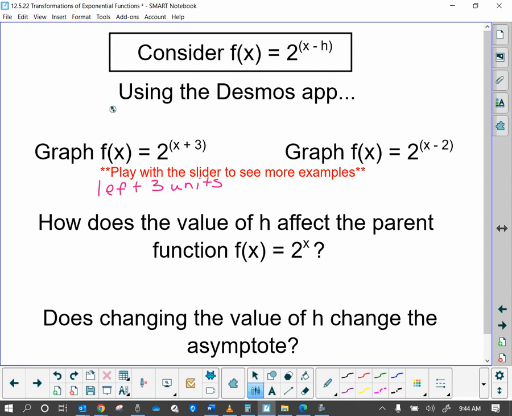And then minus 2 was right 2 units. So how does the value of h affect the parent function? It's going to be a horizontal shift left or right.